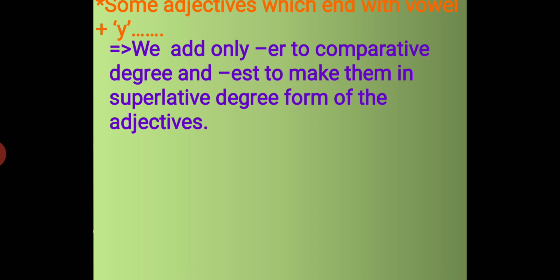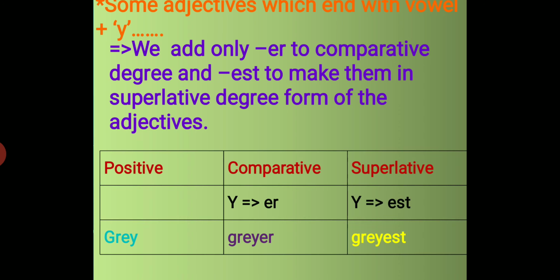Means if the adjective ends with Y and before Y there is a vowel, then we apply the basic rule of adjectives to make them in a comparative form and superlative form. And what is the basic rule? Yes, add ER for the comparative form and add EST for the superlative form. Let's see the examples.